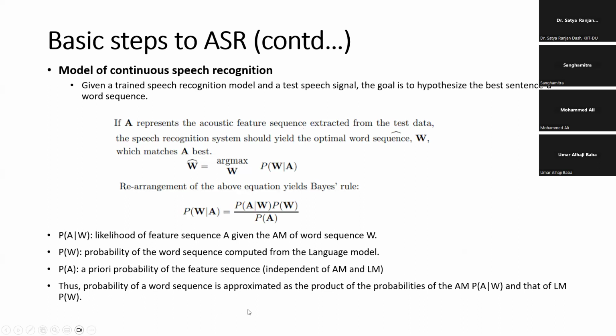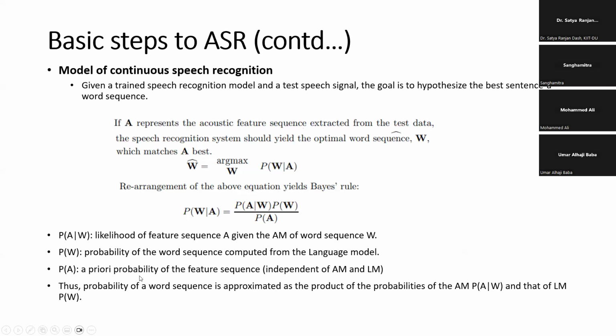Then P of W is the probability of the word sequence, that is how likely this particular word sequence is. That probability will be calculated by the language model. And P of A is the probability of the acoustic feature sequence.